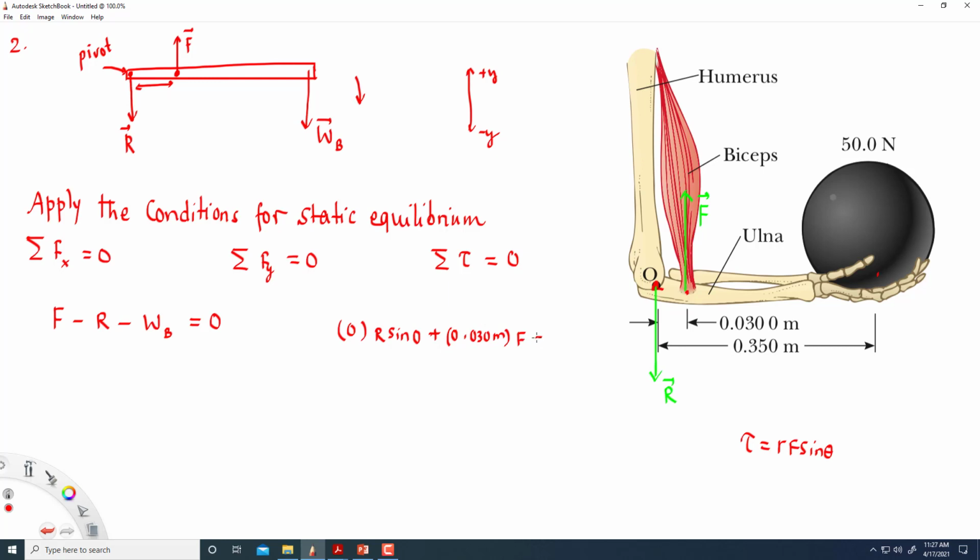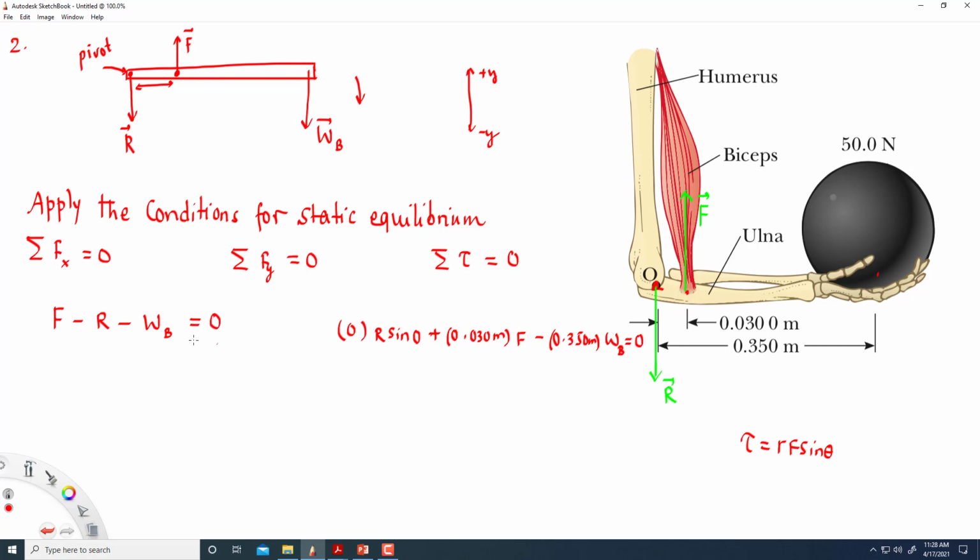So that will be negative. The distance between the weight and the pivot is 0.350 meters, and the force is the weight of the ball, WB, and the sum is equal to 0.